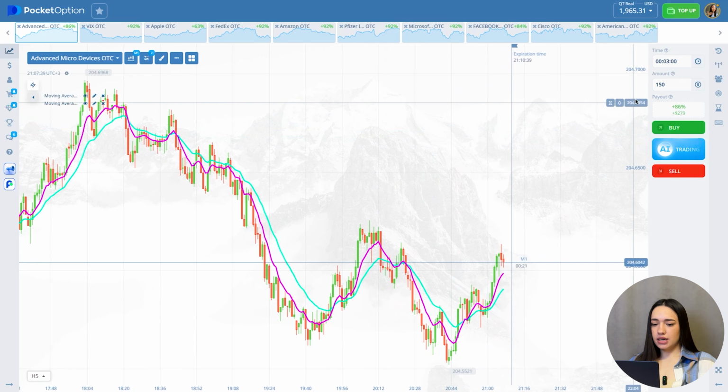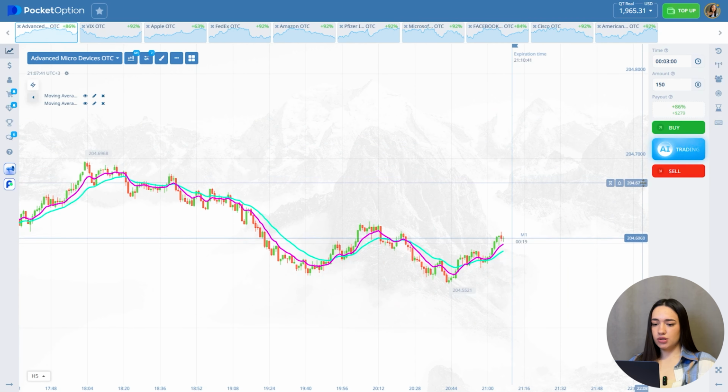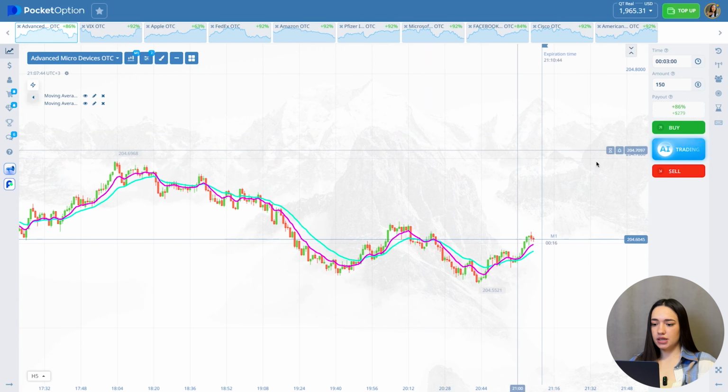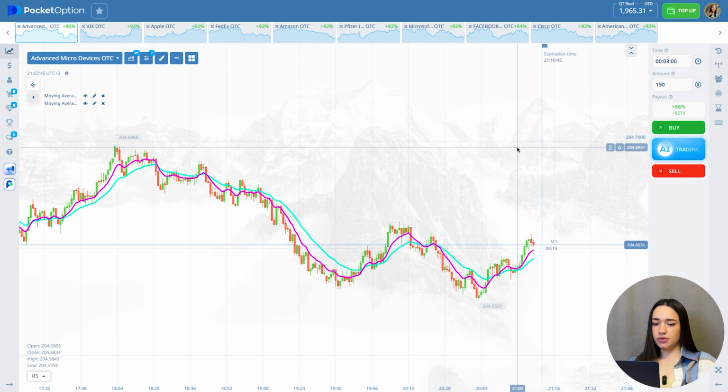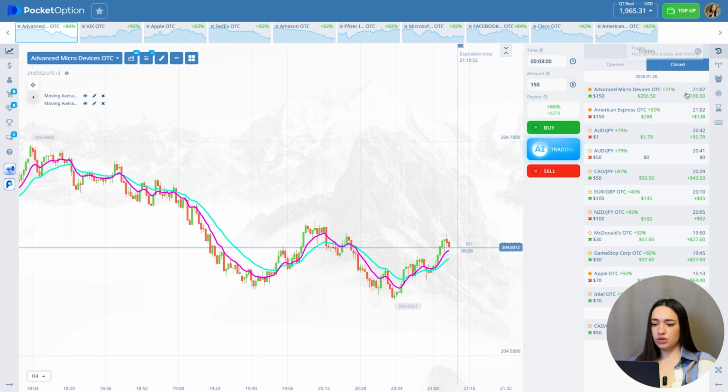So we analyzed two trades based on moving average crossovers, and both closed in profit. The first position worked out especially confidently, as there was also a level breakout that we could rely on.